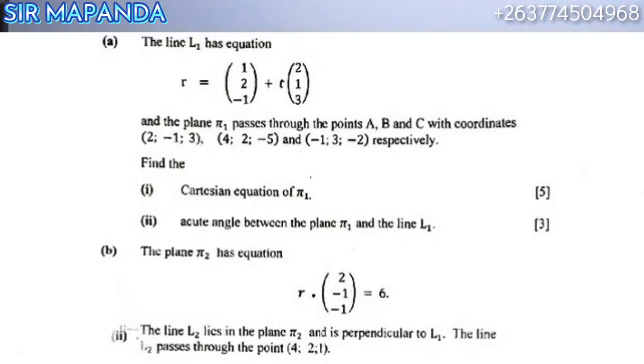And the plane pi 1 passes through the points A, B, and C with coordinates (2, -1, 3), (4, 2, -5), and (-1, 3, -2) respectively. Find, number 1, the Cartesian equation of pi 1, 5 marks.